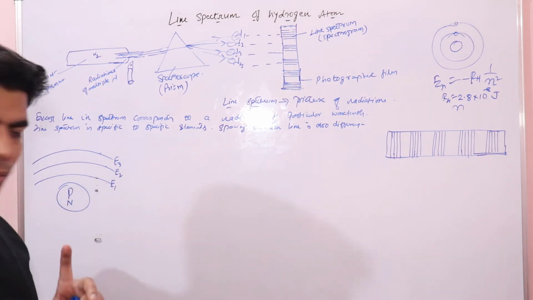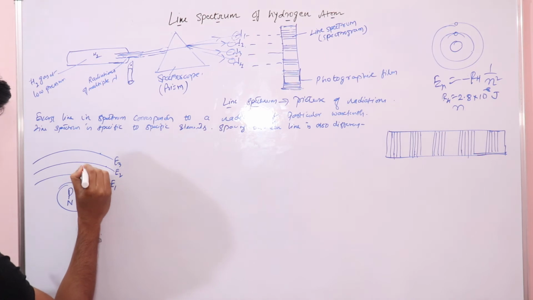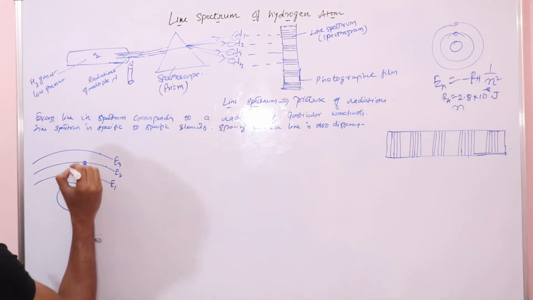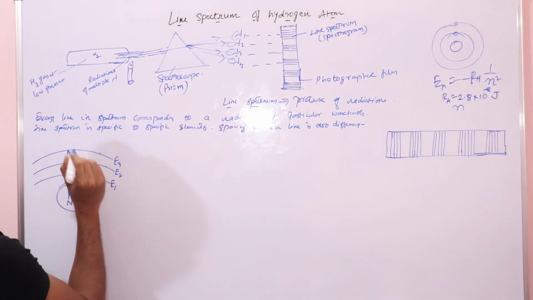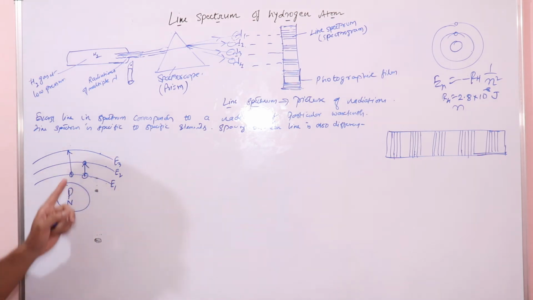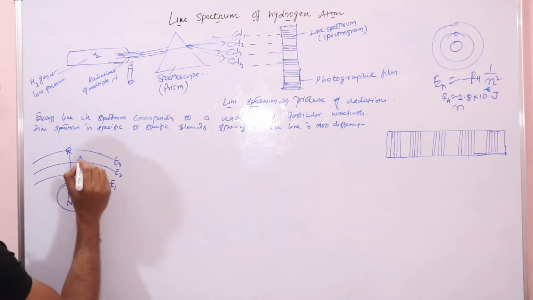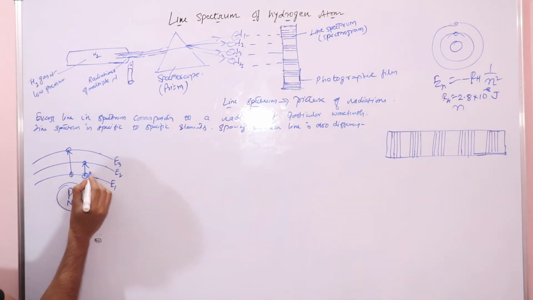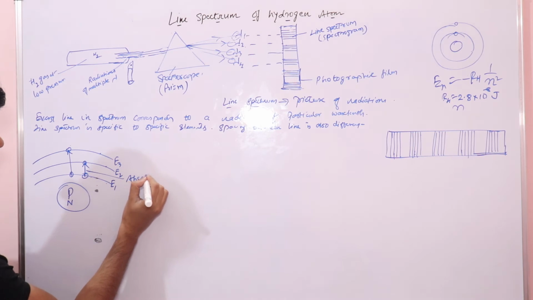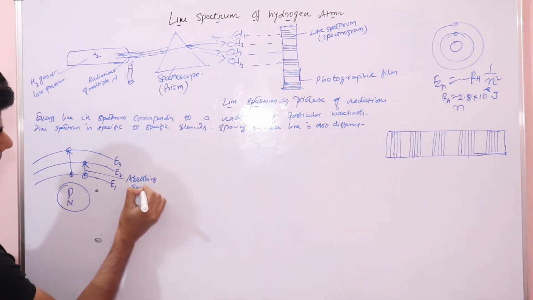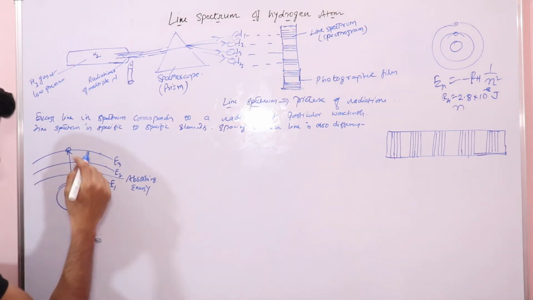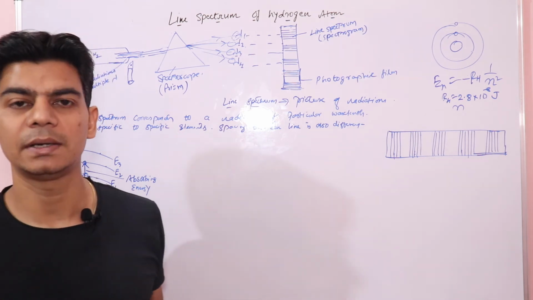So let's take two cases. Suppose this is an electron and it moved to a higher energy state after absorbing energy, or it may also move to this energy state after absorbing energy. Now we know that the higher energy state is unstable.